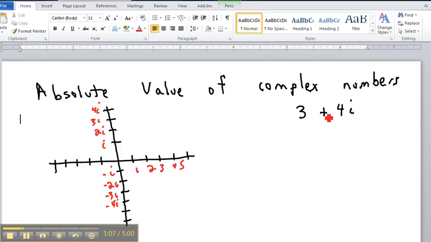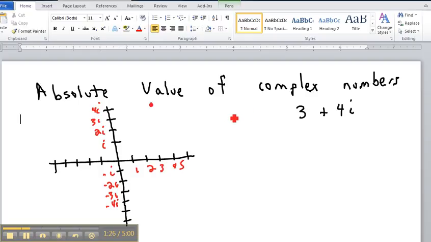If I plot this point, if I graph this on a complex number graph, I'm going to go over 3 real number values, go up 4i here. That's 3 plus 4i, graphing this on the imaginary number graph.